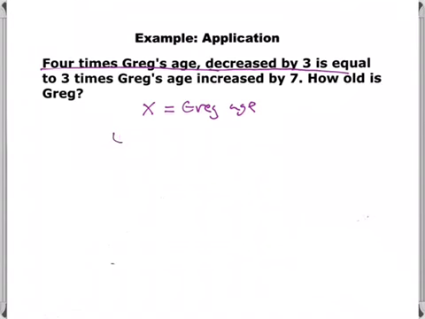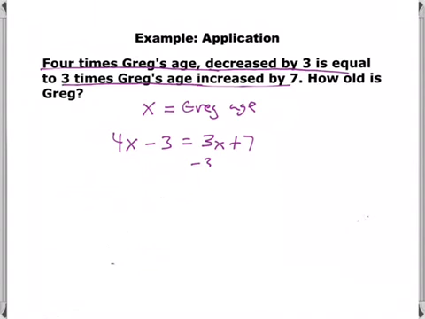So that means we've got 4 times x minus 3. All right, and we know that's equal to the other piece of the statement. 3 times Greg's age increased by 7. So 3x plus 7.